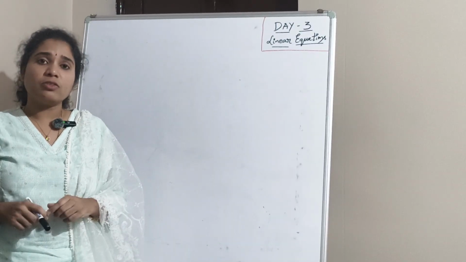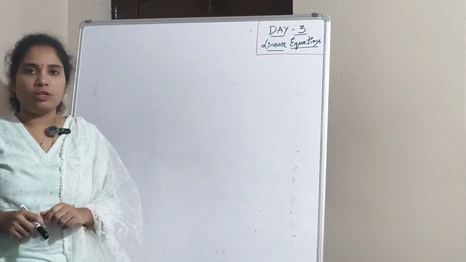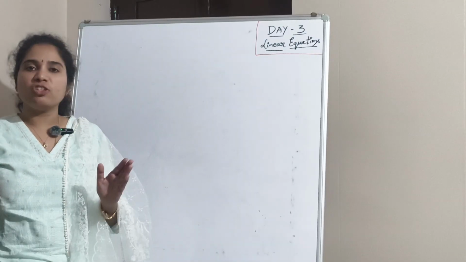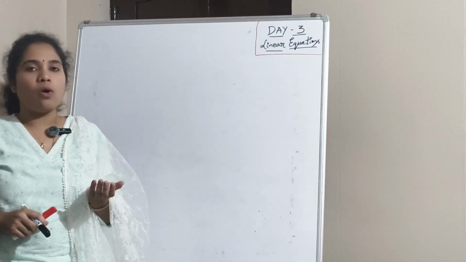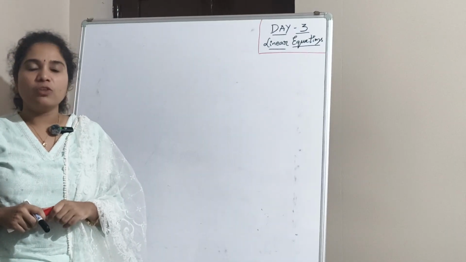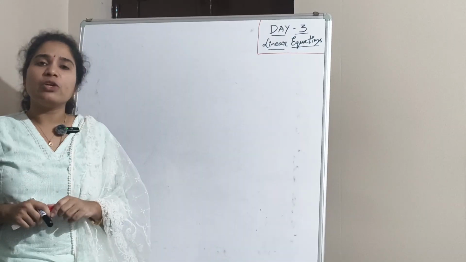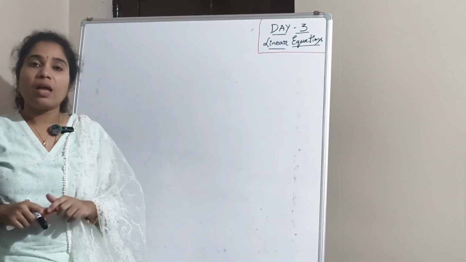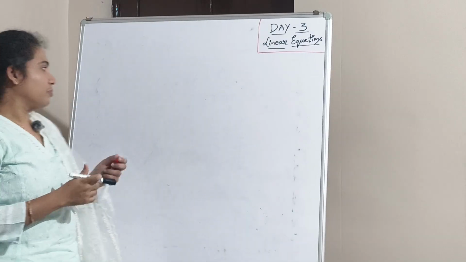Now, how do we solve this equation? We use something called the balance model. Imagine a balance or seesaw. The left pan is called the left hand side and the right pan is called the right hand side. When the two pans are equal, then the equation is correct and the balance is perfect.